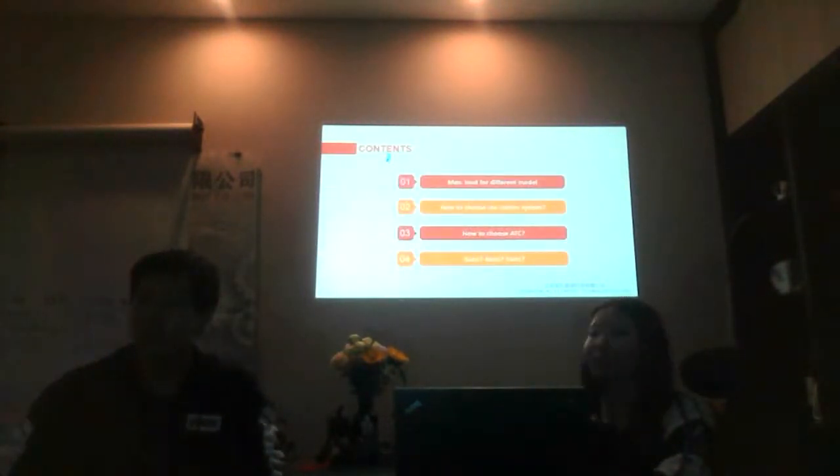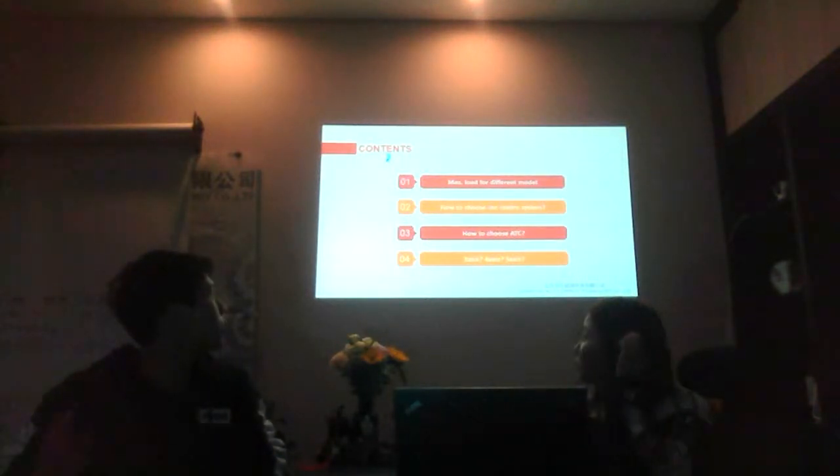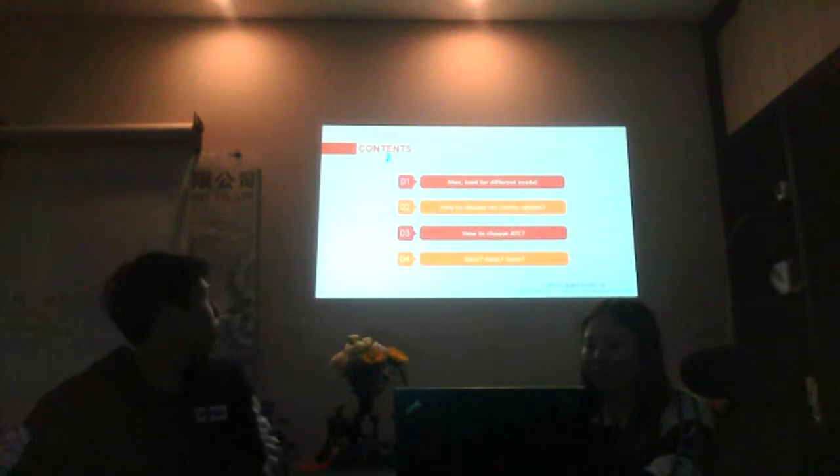So there are mainly 4 factors regarding our vertical machining center. First is that different types of models have different weight capacity. The second one is how to choose the CNC control system on the VMC. And the third one is how to choose the ATC, which is short for automatic tool change.